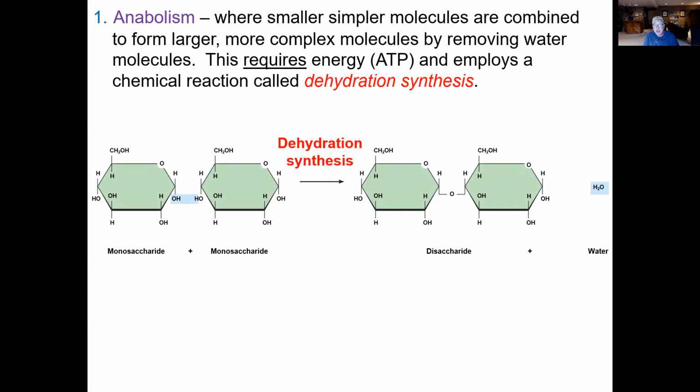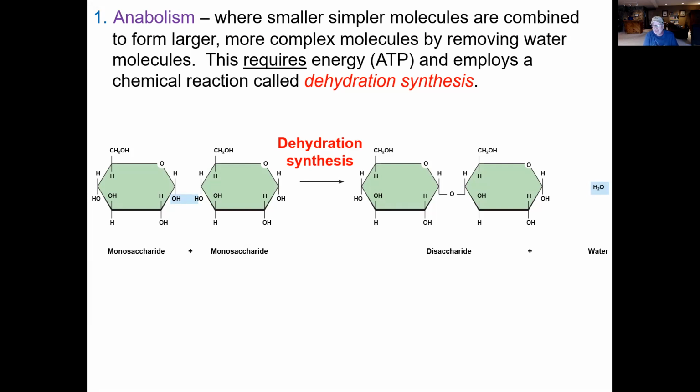This is the process whereby smaller, simpler molecules are put together, combined chemically via bonding to make bigger, more complex molecules. And in that process, not only do we make a bigger, more complex molecule from smaller, simpler ones, but we also do this by removing water from the reactants, from the building block monomers, so to speak.